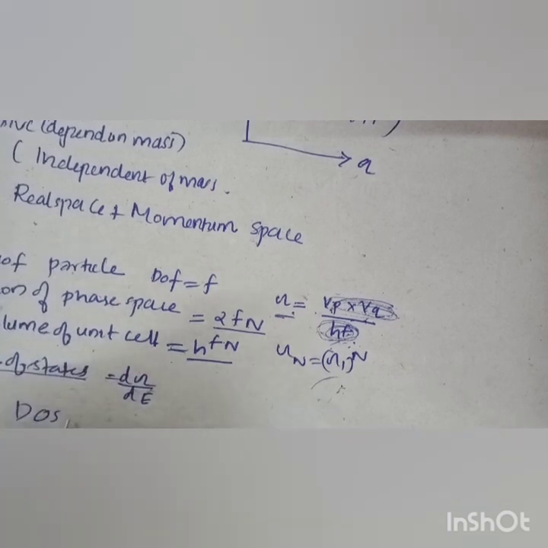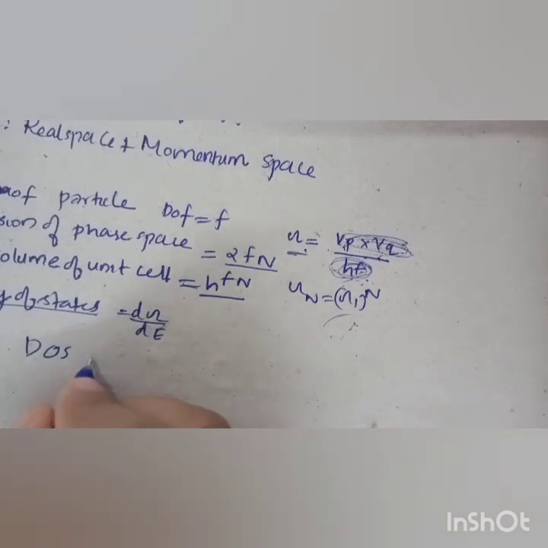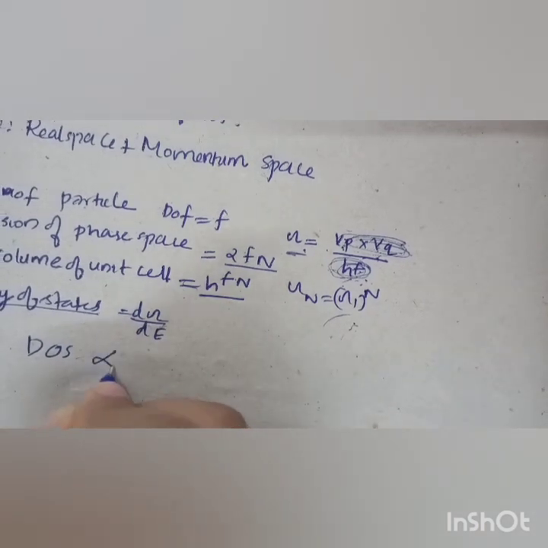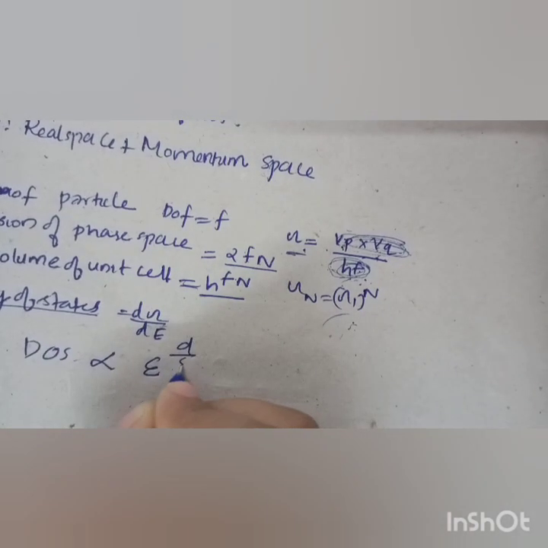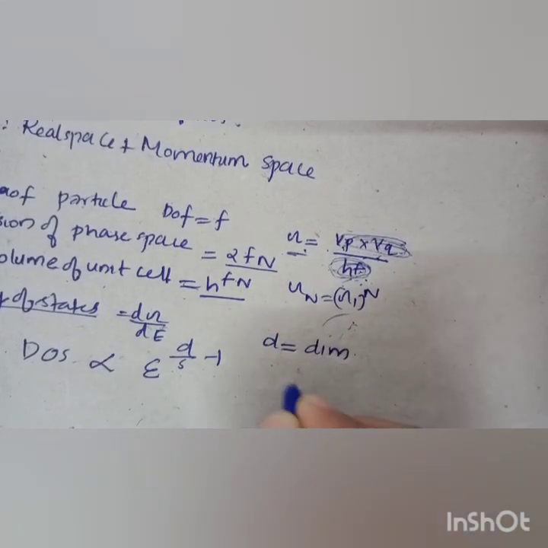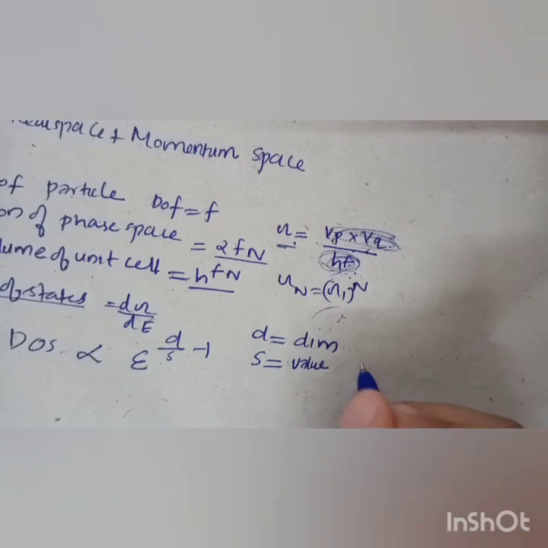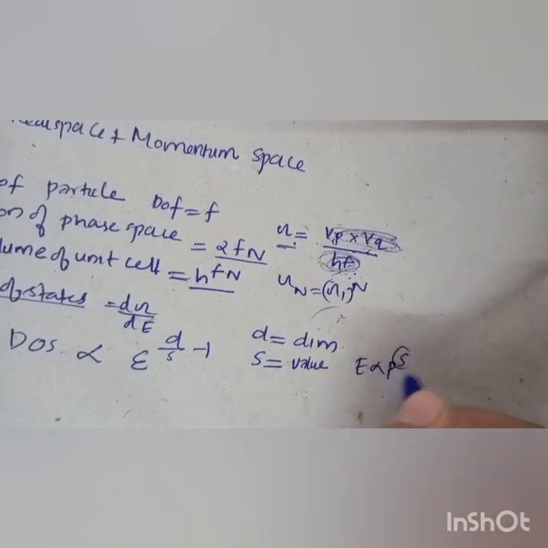We have a trick: density of states is directly proportional to E power d by s minus 1, where d is the dimension and s is the value for which E is directly proportional to P power s, that is energy is directly proportional to P power s.